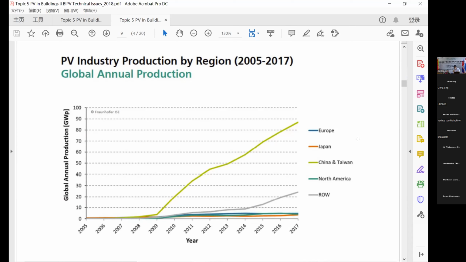This is because China has a very large manufacturing system and a low technical barrier for the PV module. Everyone can participate in PV module manufacturing if you have sufficient money and labor. But the key problem, as I said in the life cycle assessment, is silicon purification.